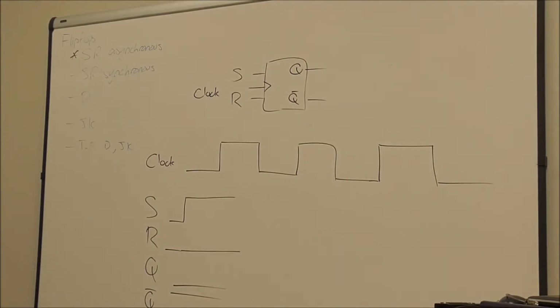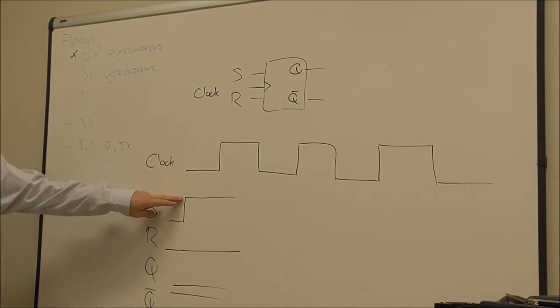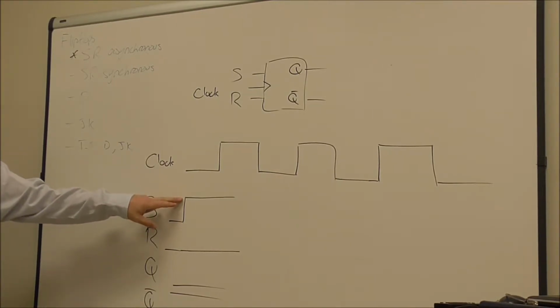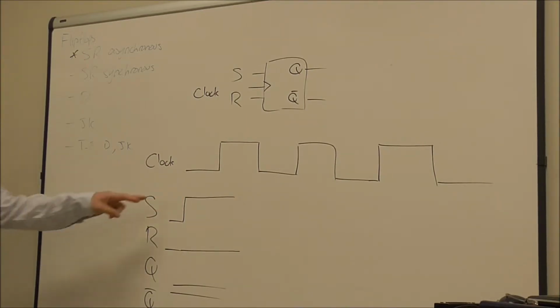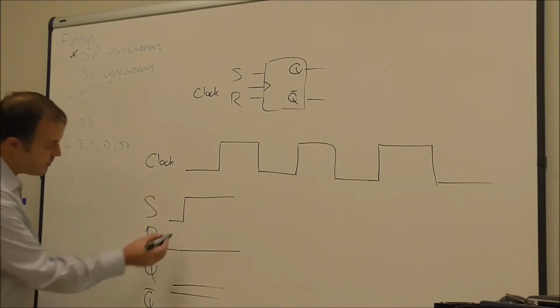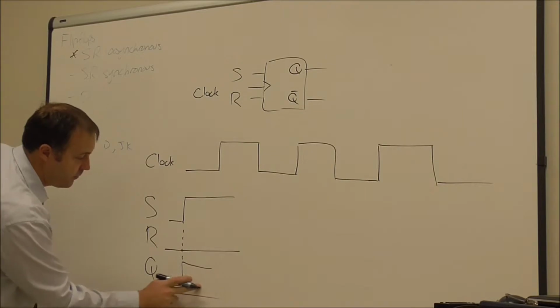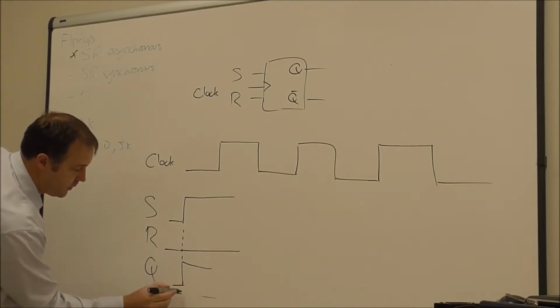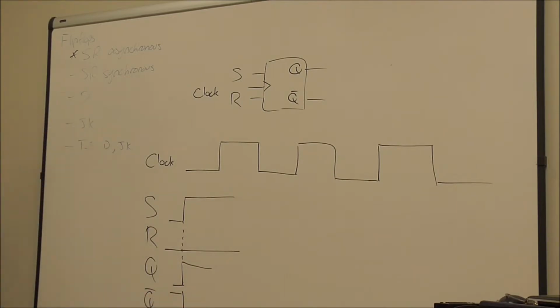So it's called level triggered flip-flop. So it triggers off the level of this logic on the input pin S. Okay? So for an asynchronous circuit, the output will change at the same time. So if I drew it there, you would see that happen. Okay? So this would be for asynchronous.